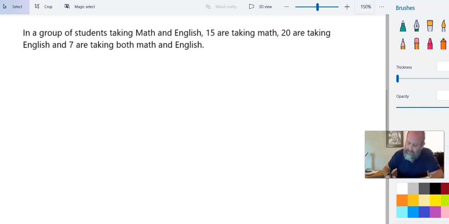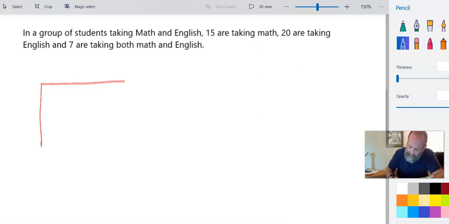So in any case, let's go ahead and take a look at this. So we have two categories, and for each category, you have two states that you can be in. You can either be taking a math class or not taking a math class. You can be taking an English class or not taking an English class. So you have two choices for each thing. So the way I like to look at this is just make a little table here. So here's my table.